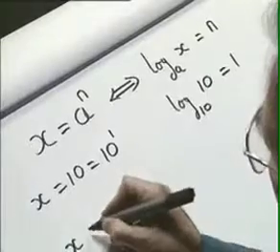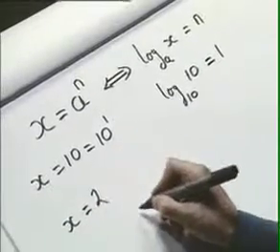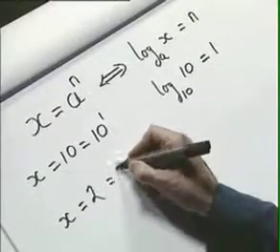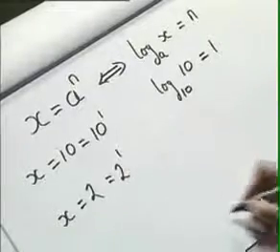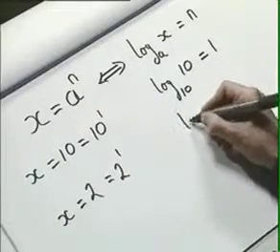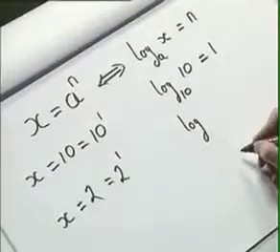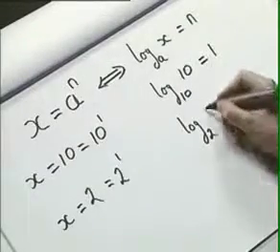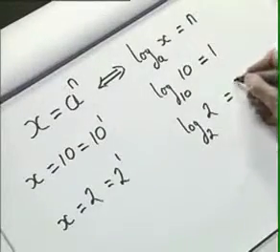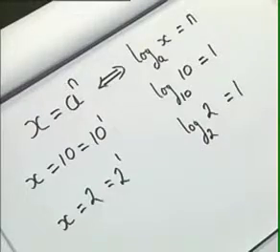Similarly, if I had x equal to 2, then 2 is just 2 to the power 1. And so if I take the log to base 2 of 2, again, that's just 1.